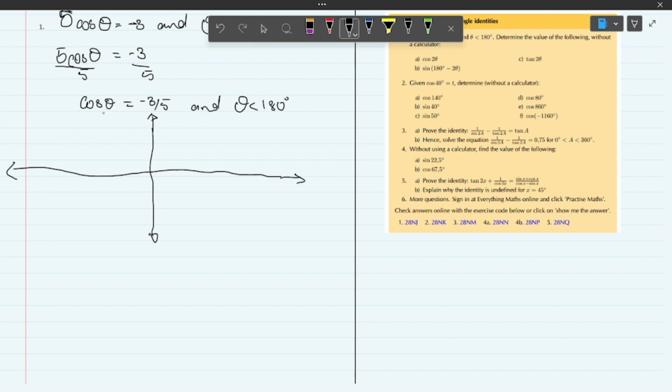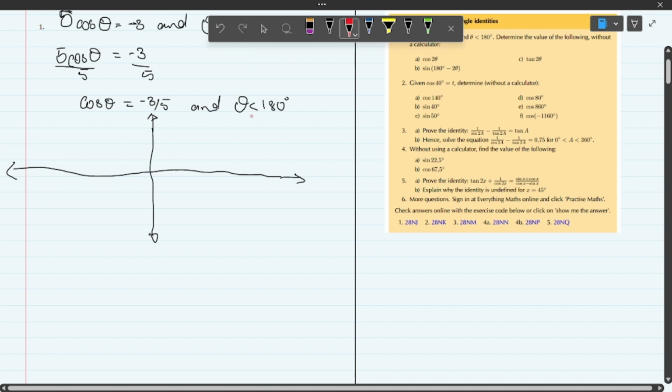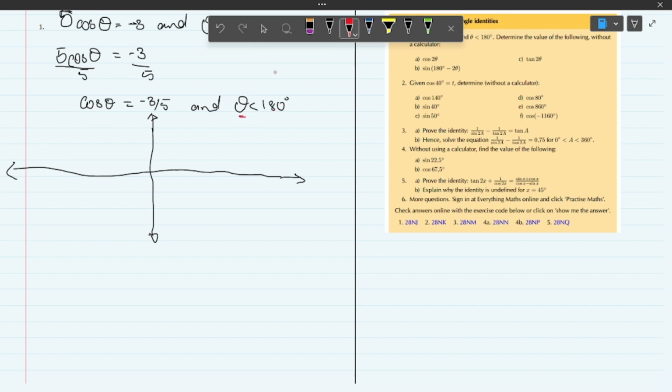Right, so cos theta is equal to minus 3 over 5, right? If cos theta is negative, you know that it's in a quadrant where it's negative, right? And also this theta is less than 180 degrees, you see.